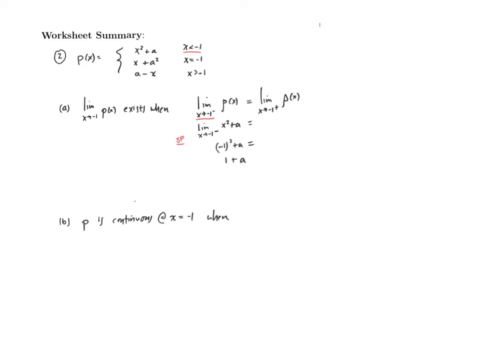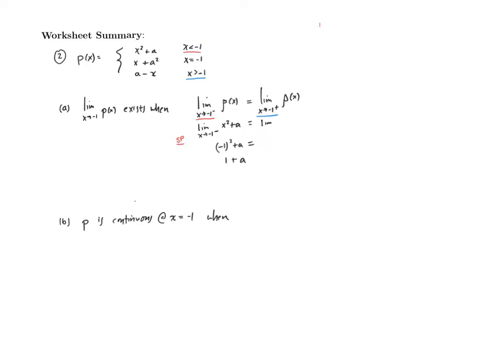Now that we've taken care of the limit from the left, we need this quantity to be exactly equal to the limit as we approach minus 1 from the right. And when we are inputting numbers a little bit bigger than minus 1, x would be larger than minus 1. So in our piecewise defined function, we go to a minus x.